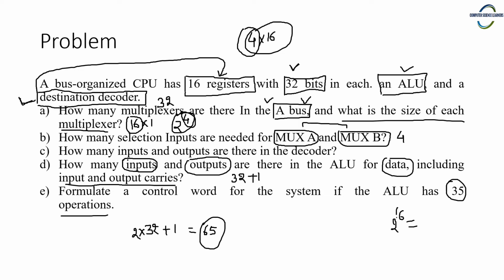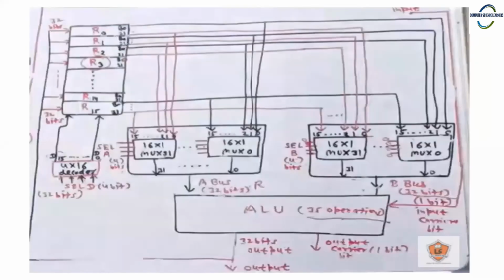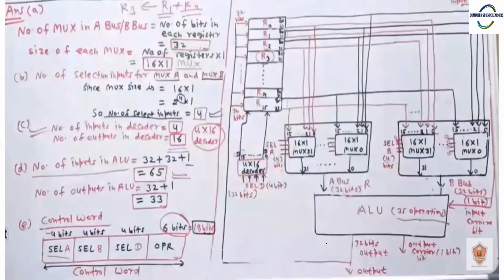So I need to have 6 bits to specify one of the total 35 operations. So it is going to be 64. So 35 comes under this 64. So this will serve my purpose, right? So this is the result you can see here.